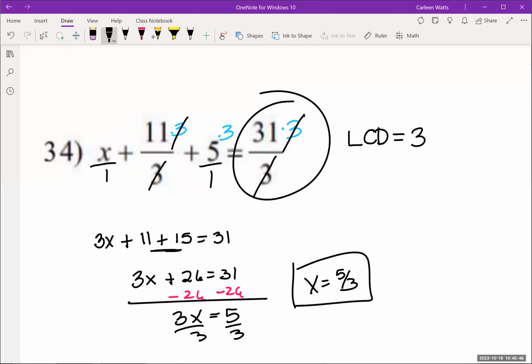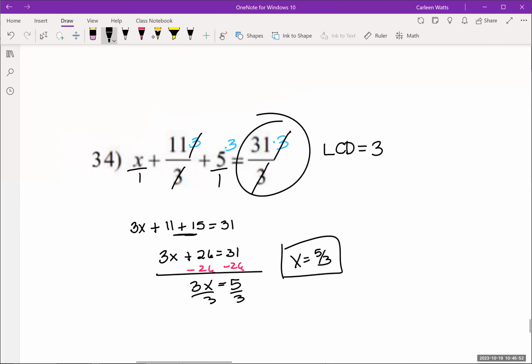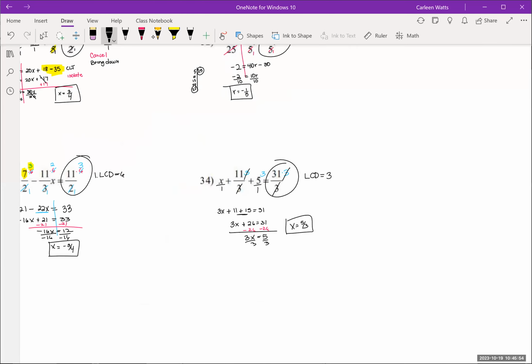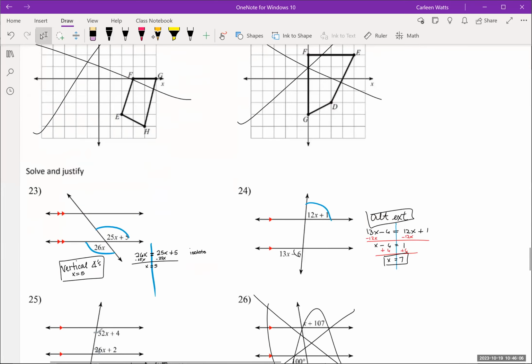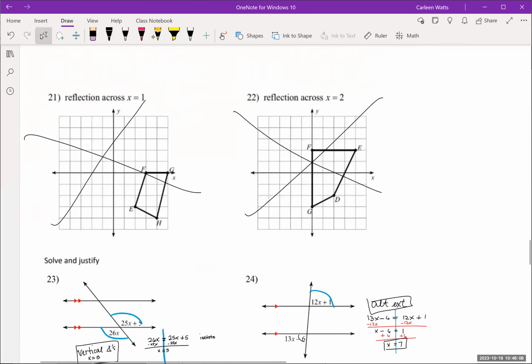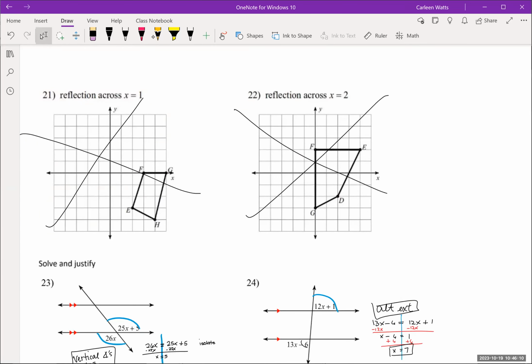On the online, I don't remember, but on the in-person, no fractions on your equation. Okay, that is it for the day. We are going over questions and we're going back to the first question, 21 and 22. I said you don't have to do 21 and 22.